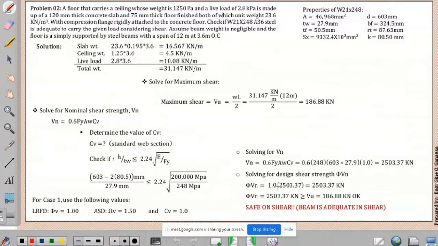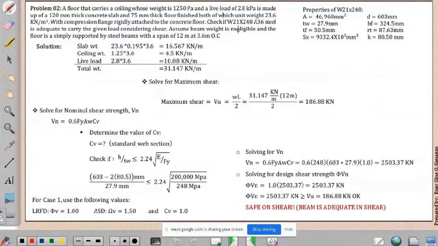So, for problem 2, we have here the loads given. A floor that carries a ceiling whose weight is 250 Pa and a live load of 2.8 kPa is made up of a 120 mm thick concrete slab and a 75 mm thick floor finish, whose unit weight is equal to 23.6 kilonewton per meter cubed, with the compression flange rigidly attached to the concrete floor.